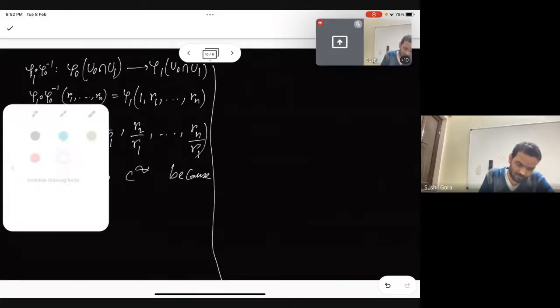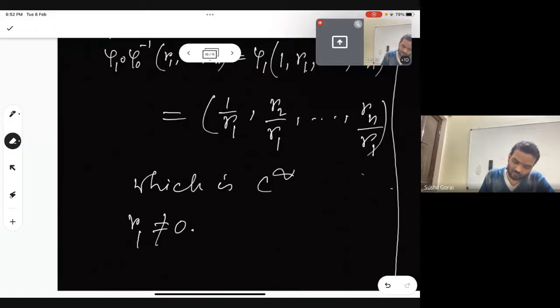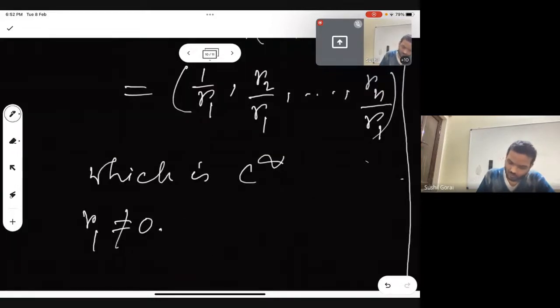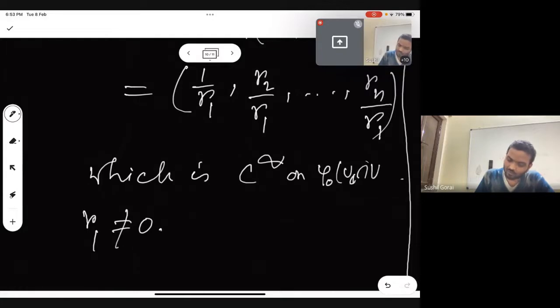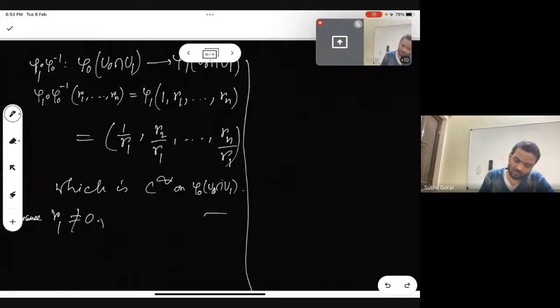C infinity on phi naught of u1 intersection u naught intersection u1, because R1 is non-zero. All right.